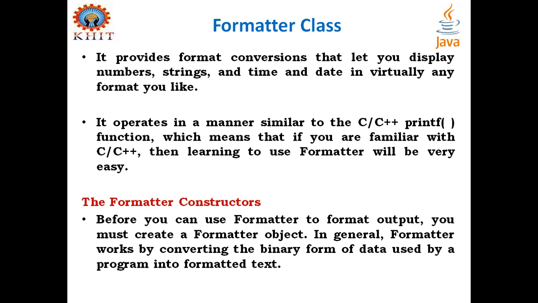This concept is already familiar to you from languages like C and C++, right? These format conversions let you display numbers, strings, time, and date in virtually any format you like.